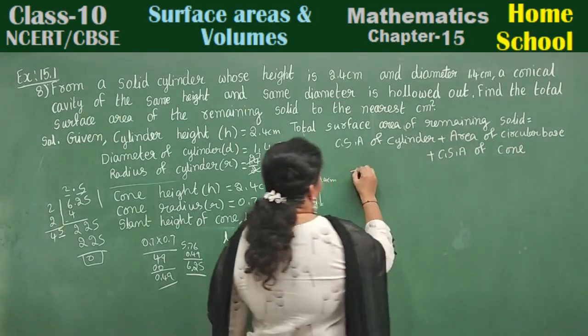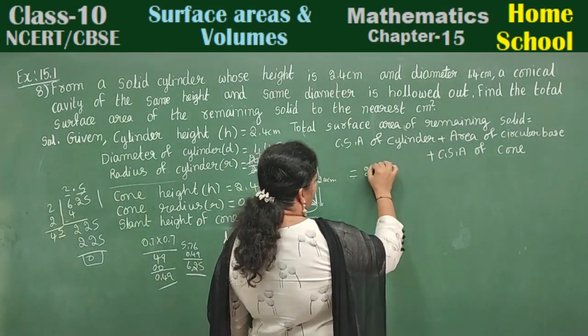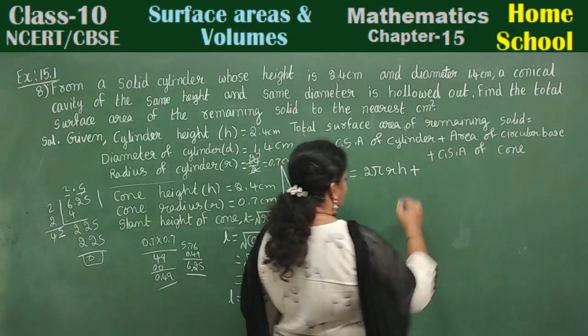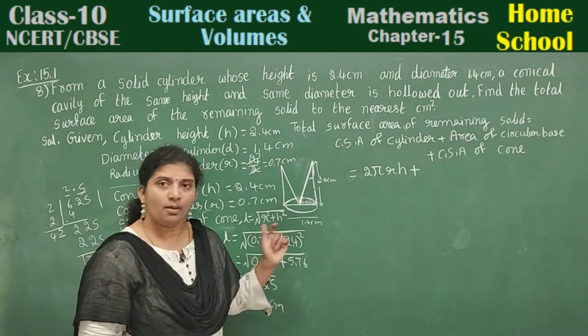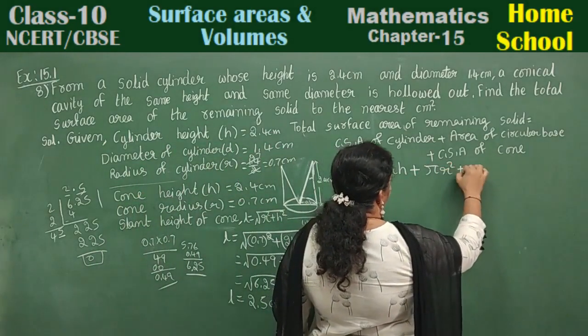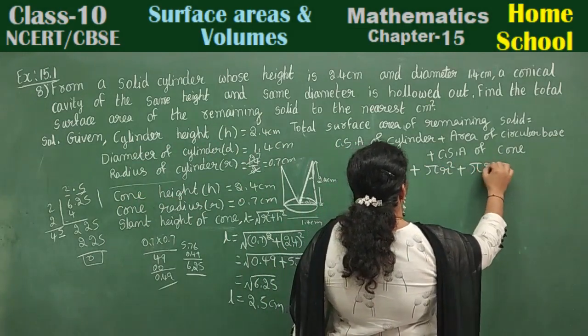That will be equal to CSA of a cylinder, whose formula is 2 pi R H, plus the area of a circular base. What is the area of a circle, children? Pi r square. CSA of a cone, pi r L.